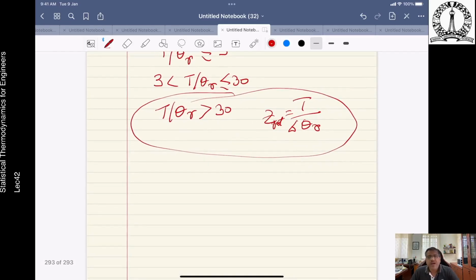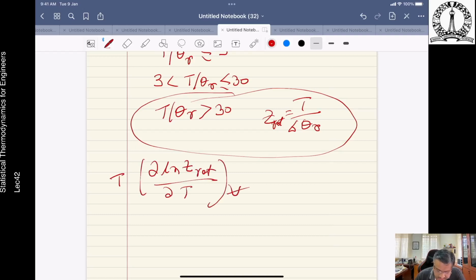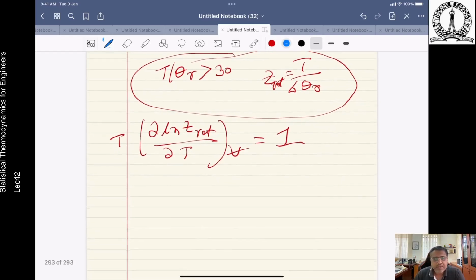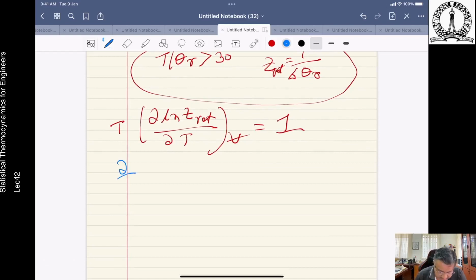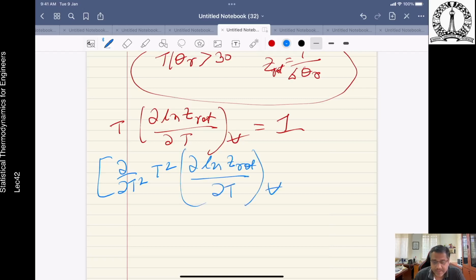So therefore, our two standard partial derivatives: one is d ln Z rotation divided by dT at constant V, which becomes equal to 1. The other one, d by dT square, d ln Z rotation divided by dT at constant V, becomes equal to 1 also.